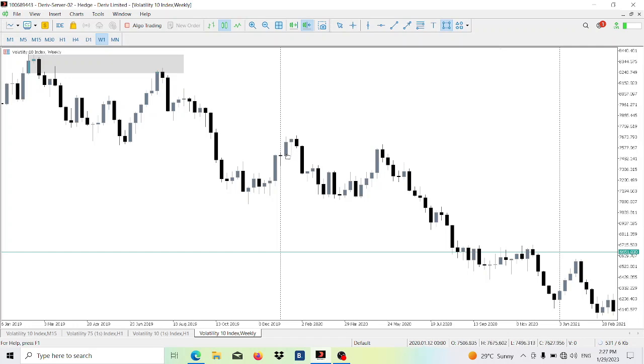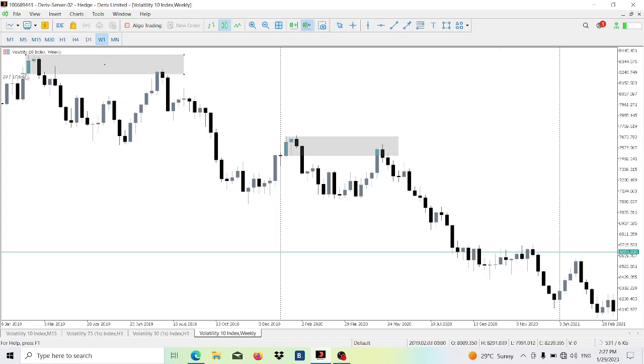Likewise, here we have a last up candle. When price returns to it, we sell. I like using an up candle that has a big body. I wouldn't use this doji candle because it's less likely for price to return to it.